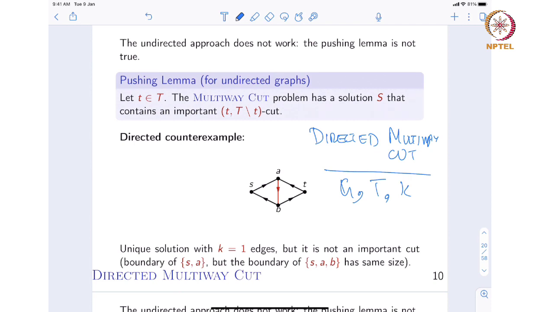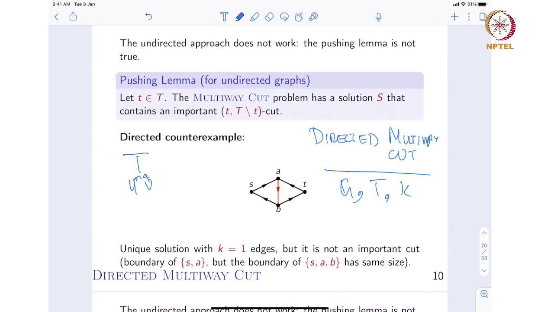But notice that in an undirected graph, if you have two vertices U and V in T, then deleting paths from U to V is the same as from V to U. But in a directed graph, it is not the same, right? You have to kill paths from U to V as well as kill paths from V to U, right?